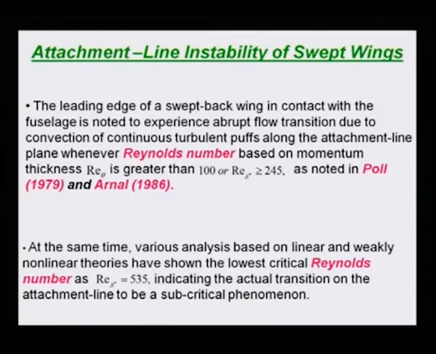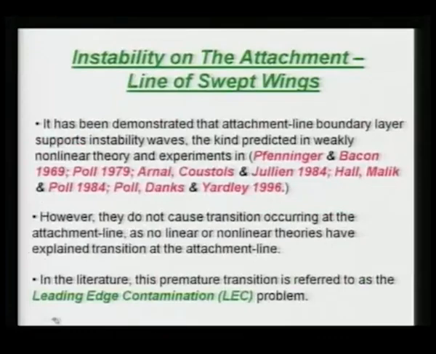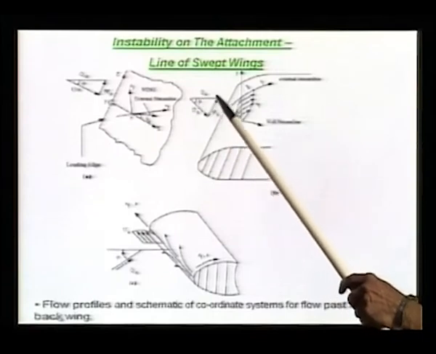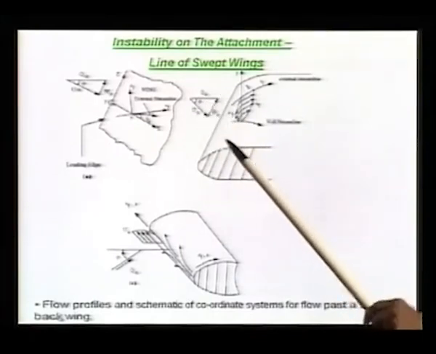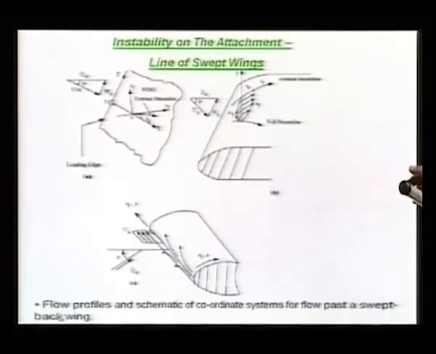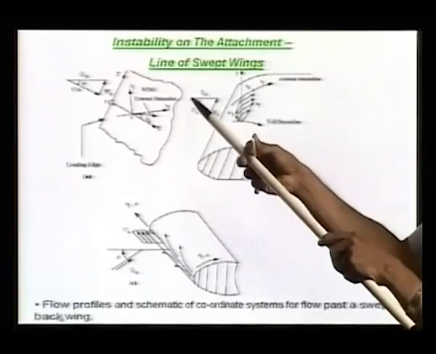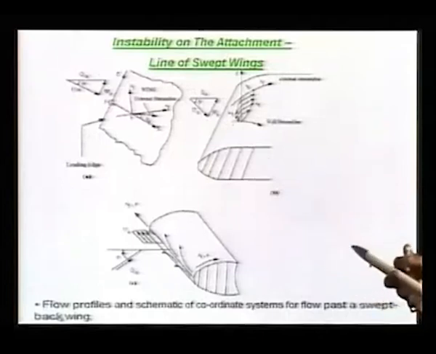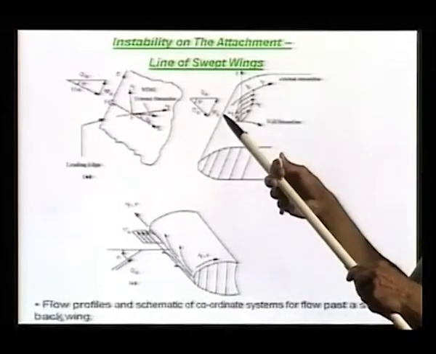What is an attachment line first? Let me first show you with the help of a figure, then we can come back. Suppose you have a swept wing. We have drawn it in such a way that q infinity is the total velocity vector, which has a normal component, u infinity, and a spanwise component along the leading edge, which I call w infinity.